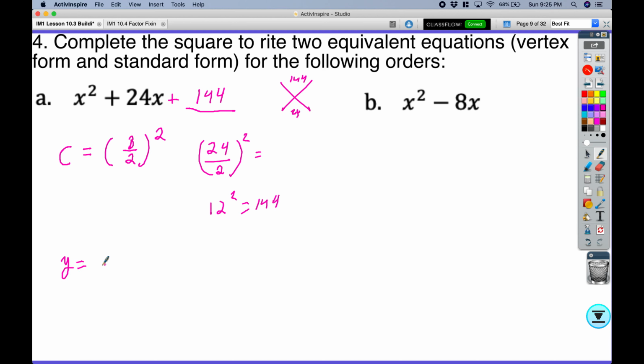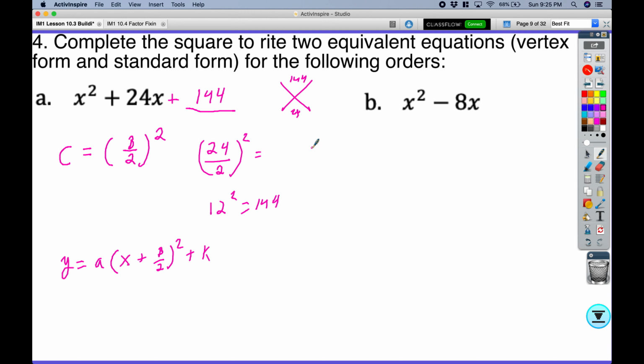You're going to do y equals a parentheses x and then whatever b divided by 2 is, so b divided by 2, plus or minus b over 2 squared. And we're going to look at plus k shortly, okay?